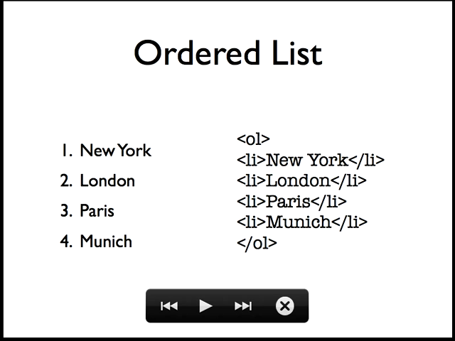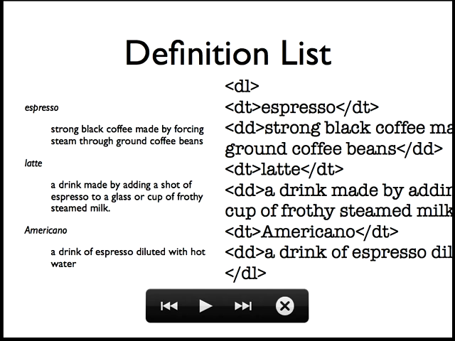Now, this is an important point which I didn't make previously. So your ordered list is a big box, and inside that then there are all these LI boxes, and inside those then you have the content of the list. Okay? You'll notice that there's nothing in the space between the boxes.